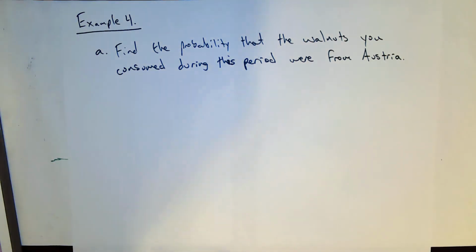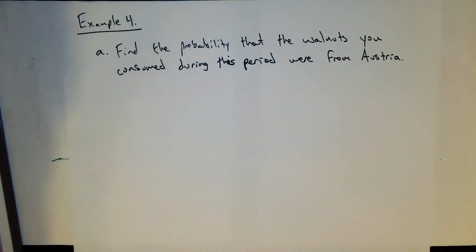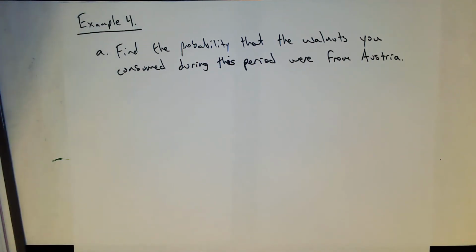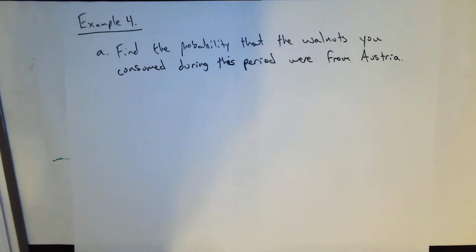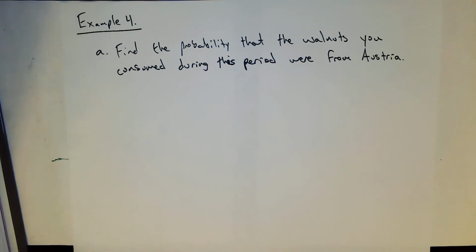Again, we're assuming that we were living in America. All right, so looking at this table, I see that there are five countries, and then another category that is labeled other countries.